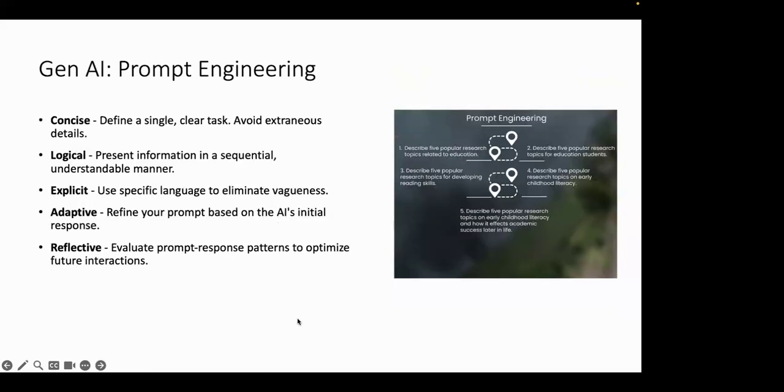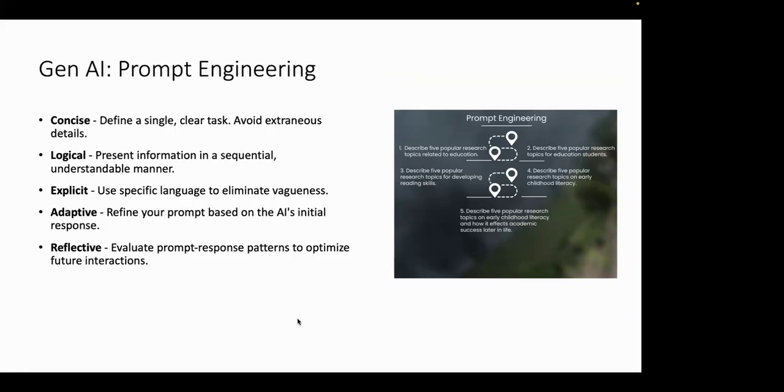This discusses again what I got from Dr. Lowe about being concise, logical, explicit, adaptive, and reflective. The image on the screen shows a breadcrumb trail. That's how I look at it. You can enter a simple question, then adapt it, and adapt it again. At number 5, it's a very direct and explicit question.